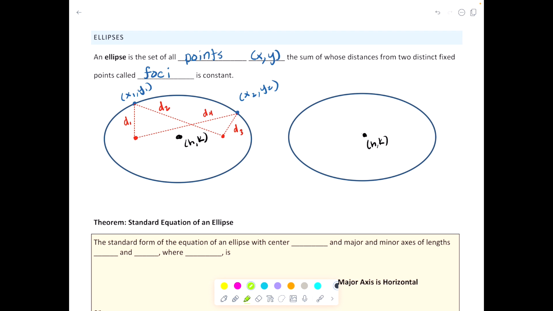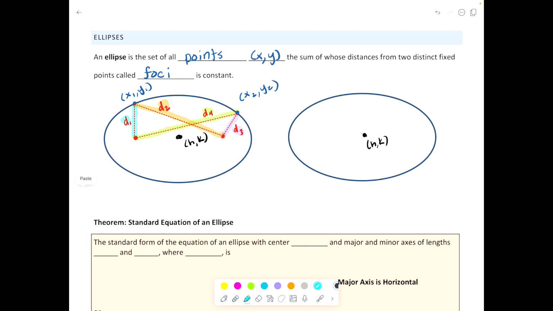Distance 4 is this one, distance 3 is here, distance 2 is this guy, and distance 1 is here.